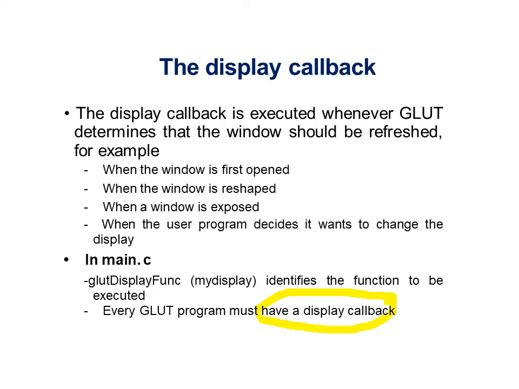The display callback function will be used in the main function. The display has to be defined first, and my display will be called from the main function. In the main function, we will have an API called glutDisplayFunc.